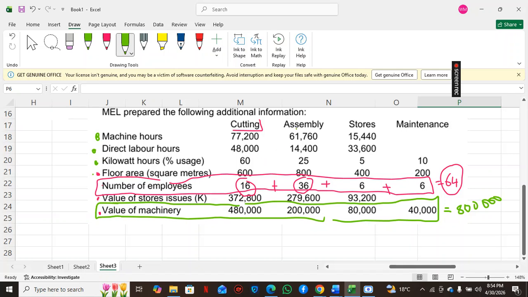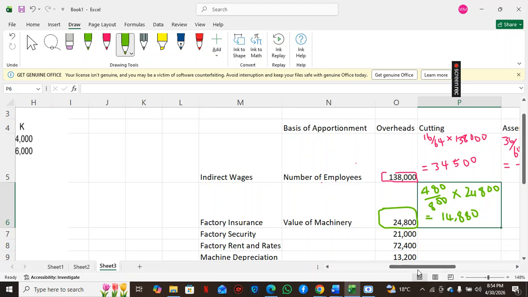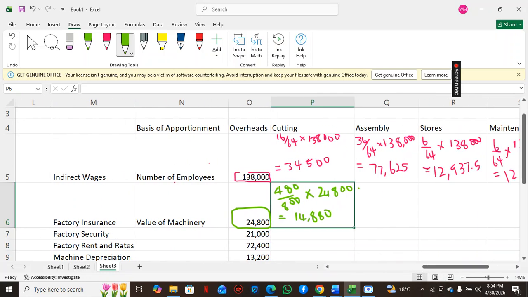For the assembly department, 200,000 over 800,000 multiplied by 24,800.